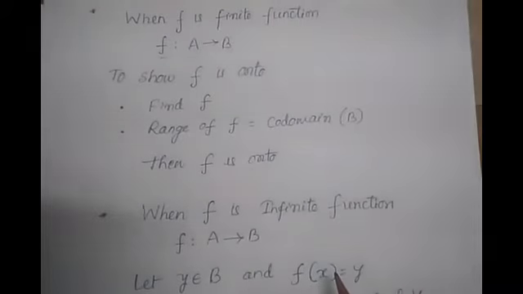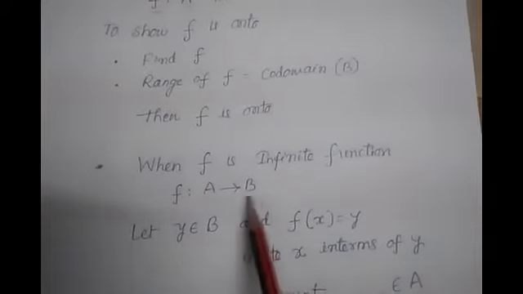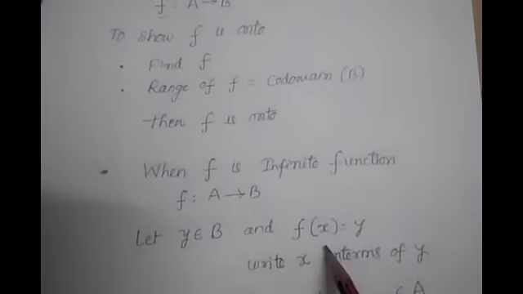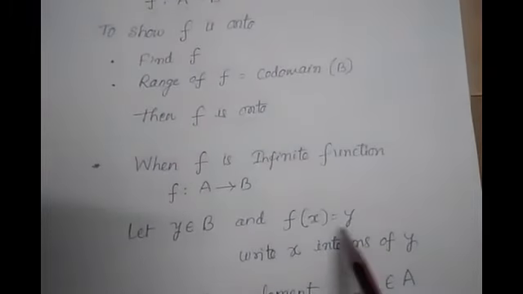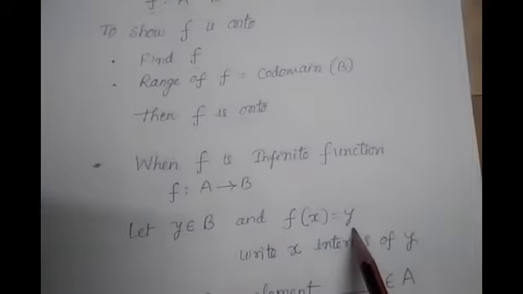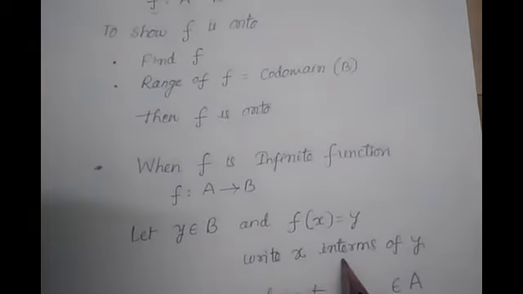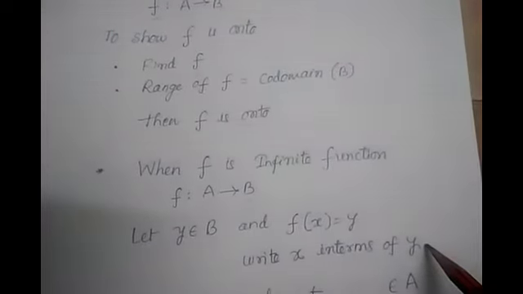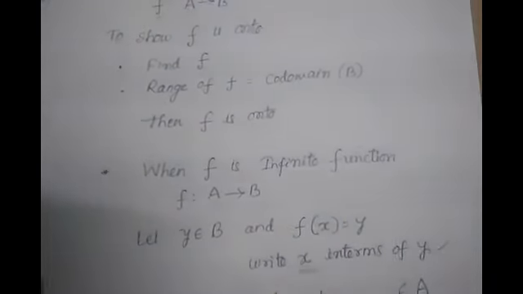To prove f is onto, let us take an element y from the codomain and suppose f of x is equal to y, and write the x value in terms of y. Now let us remember this x value in terms of y.